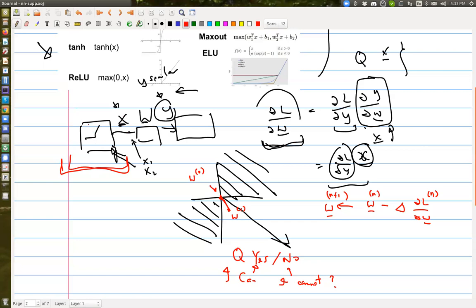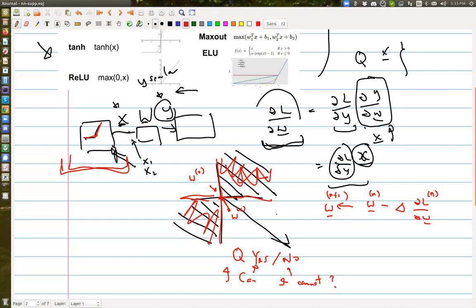The answer should be no, because, as I just mentioned, if my activation function only gives positive values, then my gradient can only be in this area or in this area.